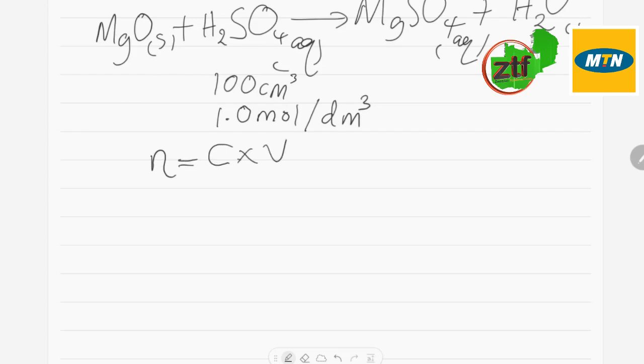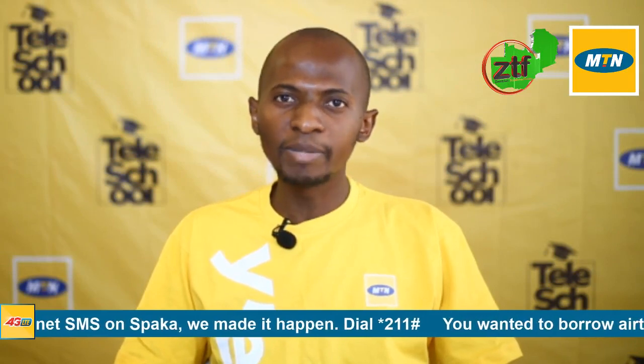In this case, the concentration is 1.0 mole per cubic decimeter times the volume. Now, remember, this volume given is in cubic centimeter.